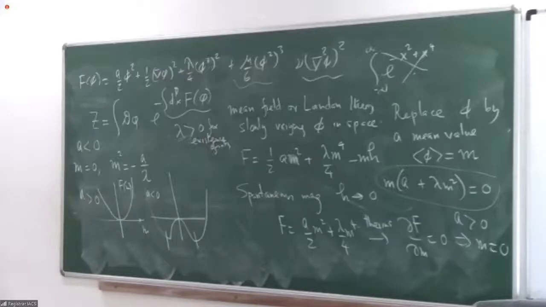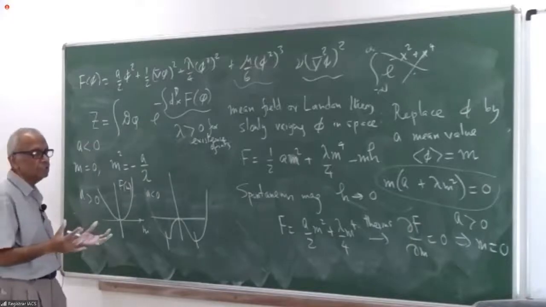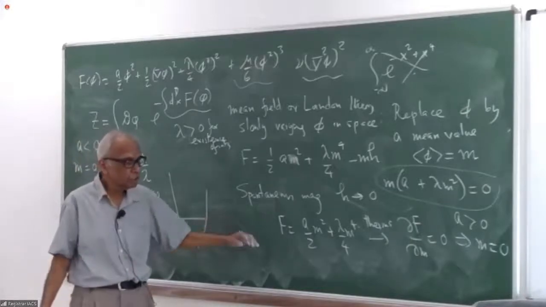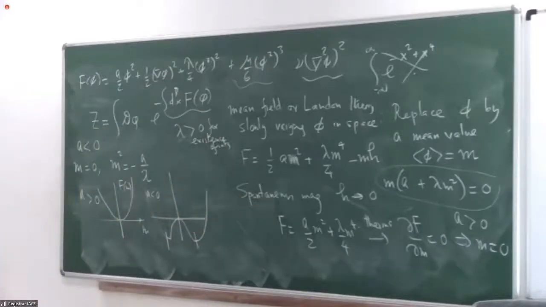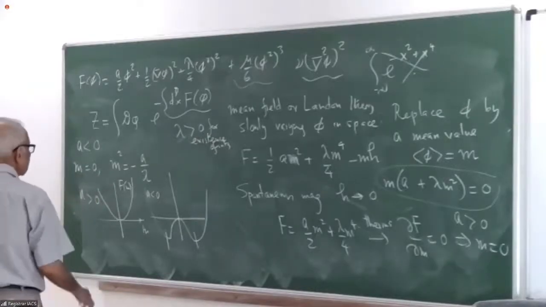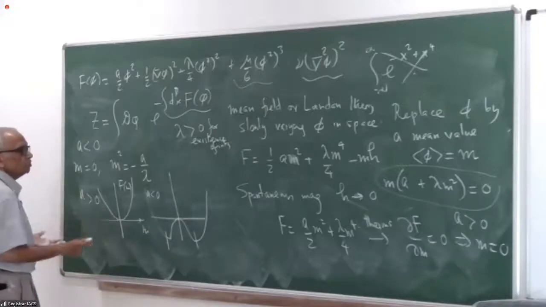The ground state of the system does not have the symmetry of the free energy. That is what the spontaneous breakdown of symmetry is all about. The ground state does not reflect the symmetry of the Hamiltonian, or in this case, the free energy.